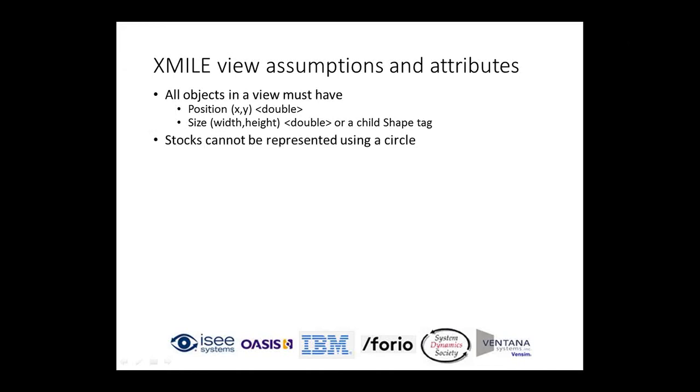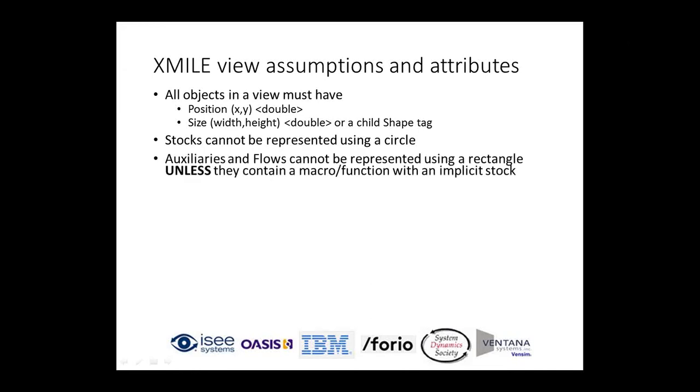Now, there's a couple of rules for that shape tag, because we know what we don't want is for models to turn into this confusing mess. We like that stocks are always rectangles and that auxiliaries are typically circles, so that anybody looking at a system dynamics model, regardless of the software that it's in, can recognize that model. So to keep that property of models intact, what we've said is that stocks can't be represented using a circle, and that auxiliaries and flows cannot be represented using a rectangle, except for a certain rule: if they contain a macro or a function with an implicit stock.